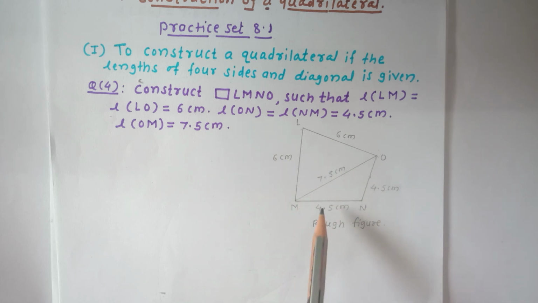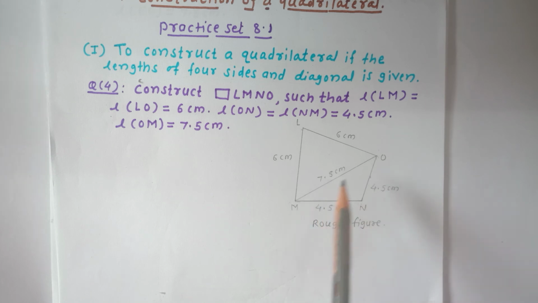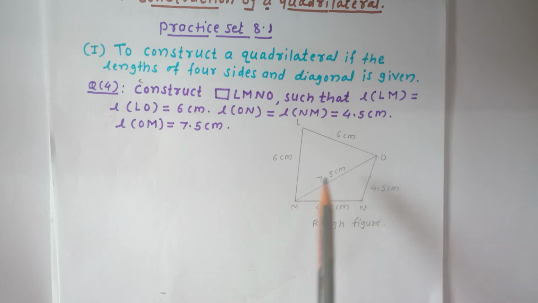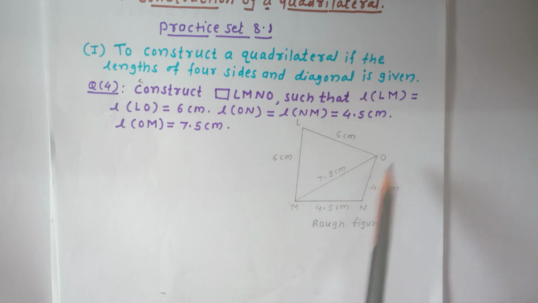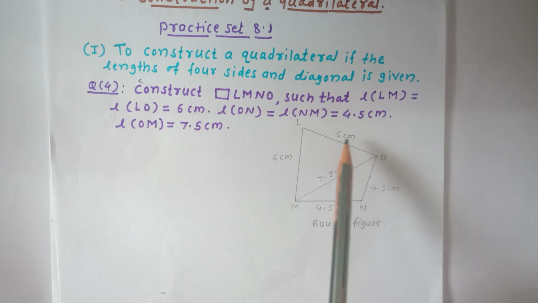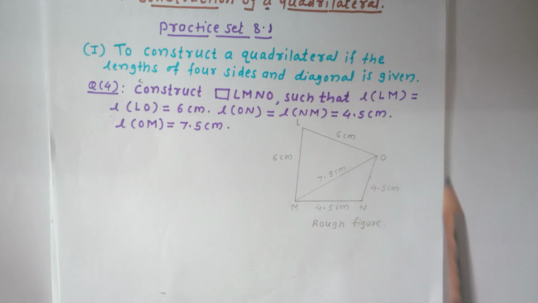Now length of ON is equal to length of NM, 4.5 cm is given, and the diagonal, this is the diagonal, length of OM 7.5 cm is given. So in this quadrilateral we have the lengths of 4 sides and 1 diagonal given, and we have to construct the quadrilateral LMNO. So we have to draw at first the rough figure in this way.